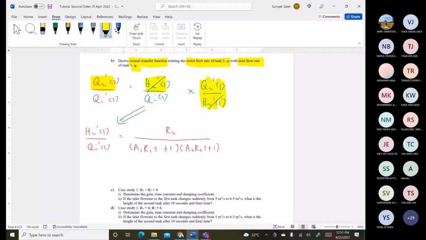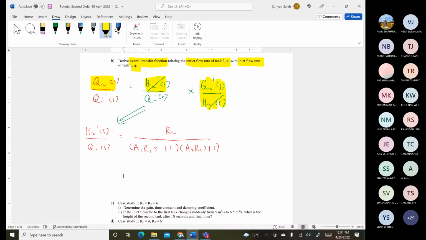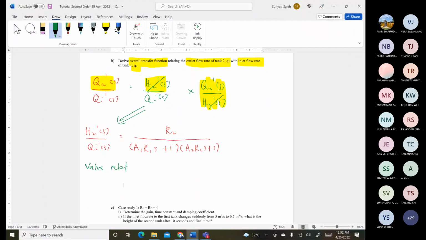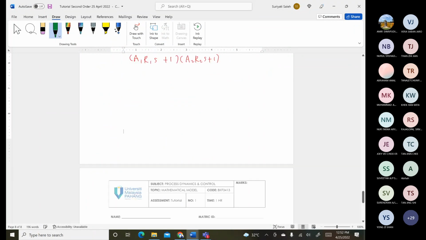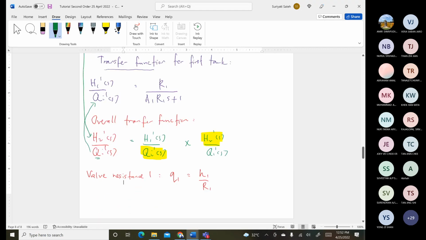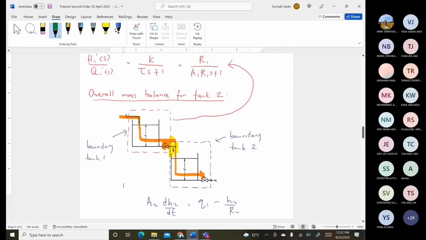How can we obtain that? So that may come from the valve relationship. So remember that before this, when we considered the first tank, we considered this one.